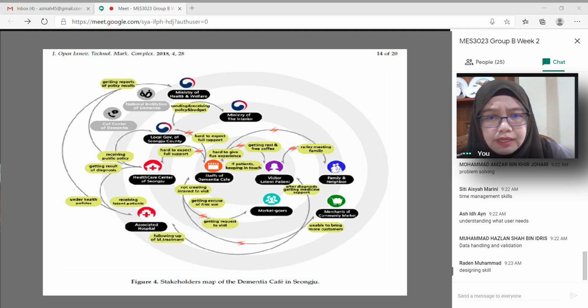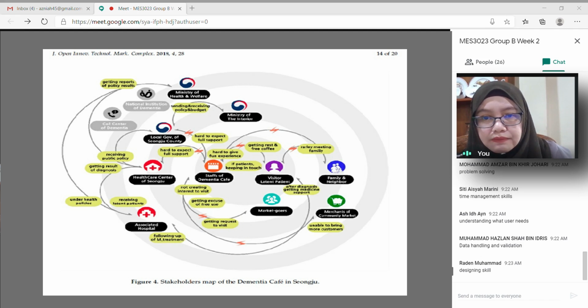Okay, and then what else? There are also market goers. Maybe the market is near the cafe, so sometimes they go to the cafe. And if there are market goers, then there must be a market, and when there's a market, there are merchants, people selling things at the market. We also have family and neighbors of the visitor; the visitor is the dementia patient.